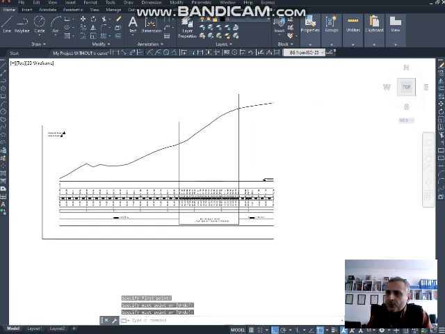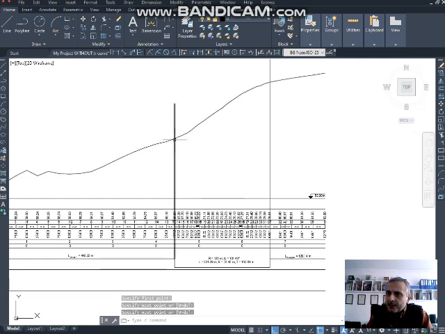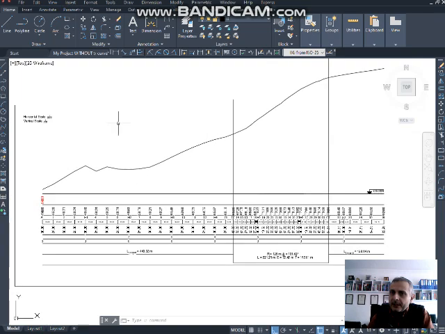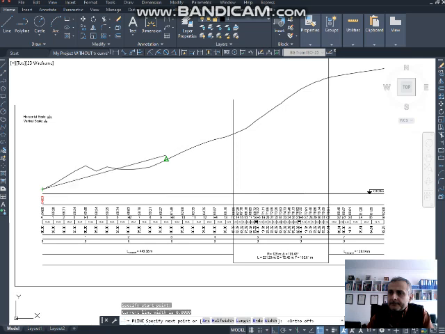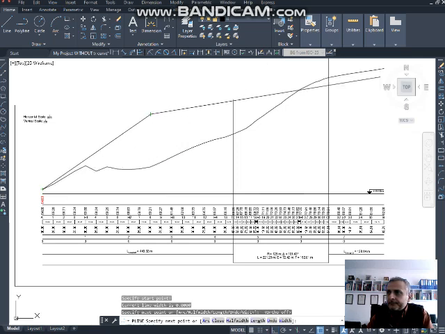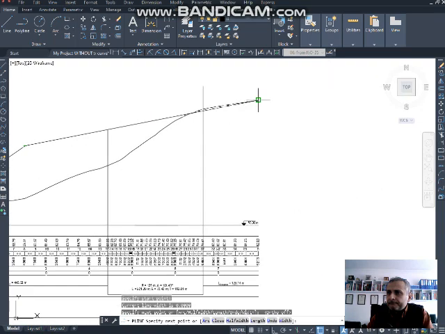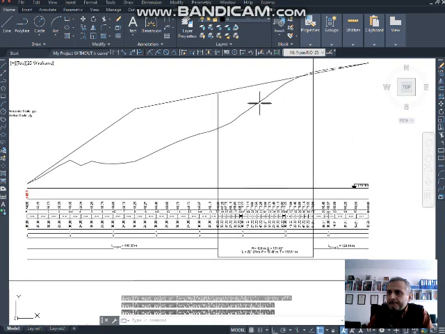So this point is the beginning of my horizontal curve, and this point is the end of my horizontal curve. If I want to put a vertical curve here, I need to be careful. Either, let me draw again.